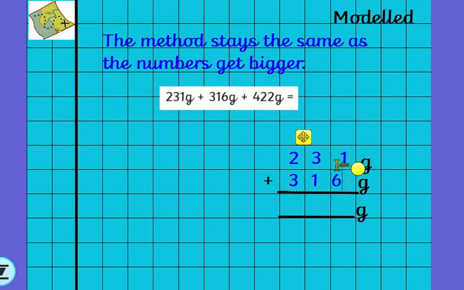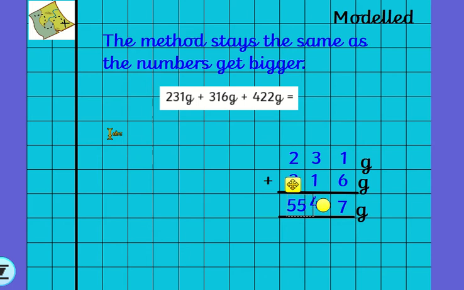Exactly the same method. 6 add 1 is 7. 3 add 1 is 4. And 2 add 3 is 5. And the answer to the first part then is 547 grams.